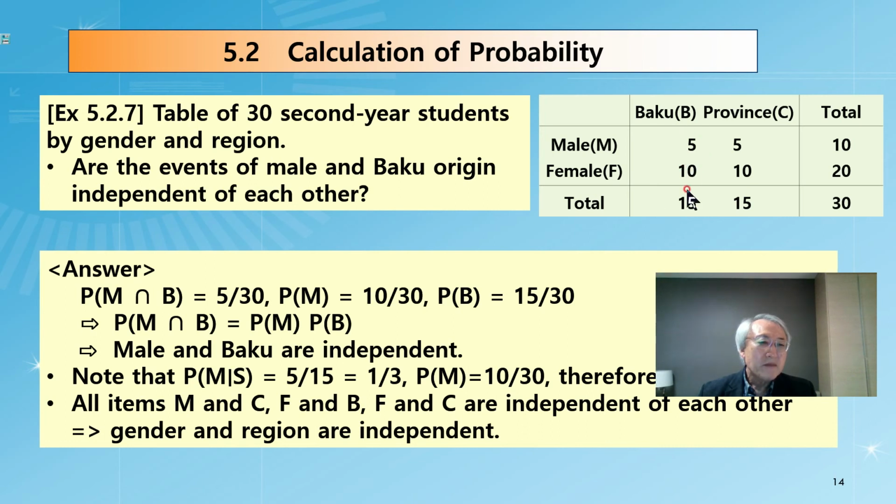For all items, you can see there's a multiplication. In that case, these two attributes, gender and location, or region, we call independent. We'll study this issue in chapter 11.